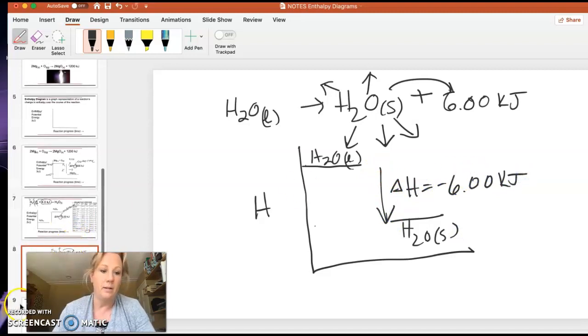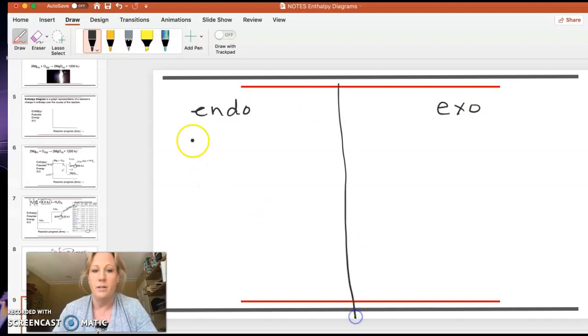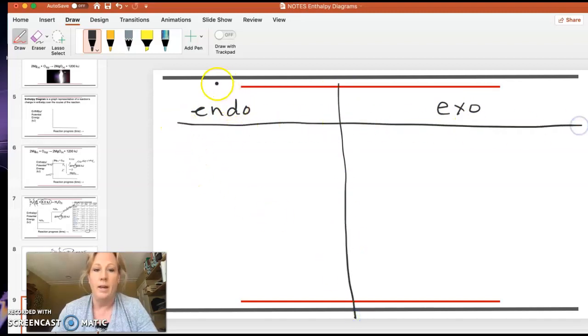So in summary, if we want to compare and contrast endo and exothermic processes, we know in endo, the energy is going from the surroundings into the system. In exo, it's going from the system out to the surroundings.